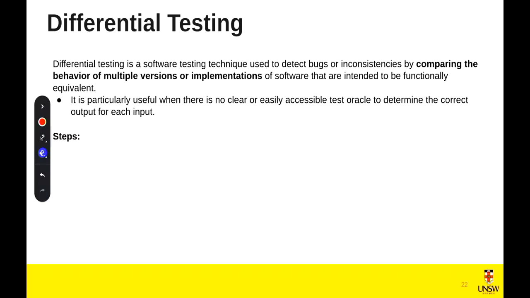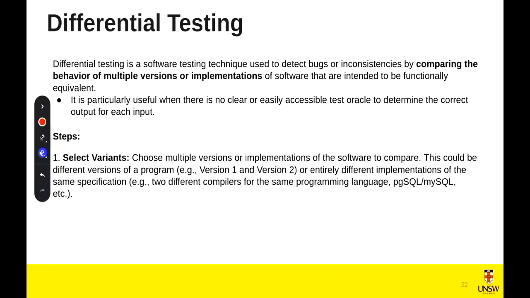Here are the steps to do differential testing. First, we need to select variants of the design of the system. The variants could be different versions of the same program. So you can use version 1, version 2 and do the comparison.